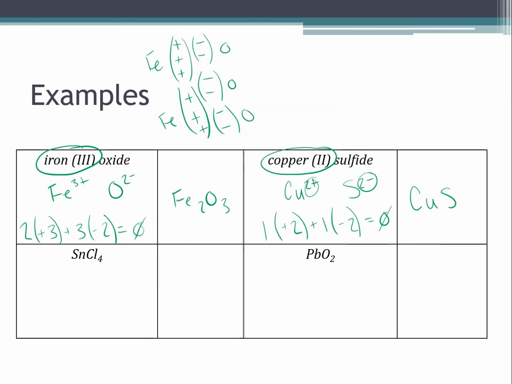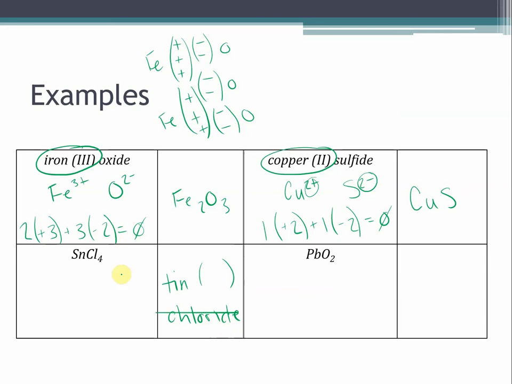All right, let's go the other way. Let's take a formula and write a name. So we know that we have some kind of tin here, and we know that we have chlorine, which forms the chloride ion. So this is definitely going to be tin chloride, but we need to know what the charge is on tin, because remember, tin is one of your representative elements that has variable charge.